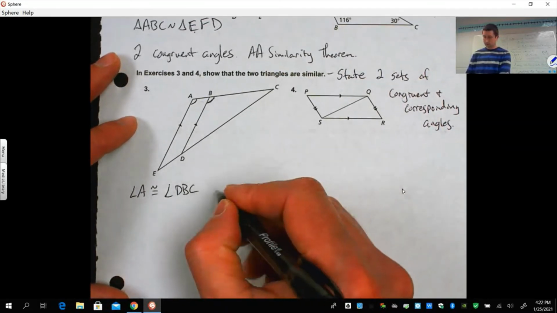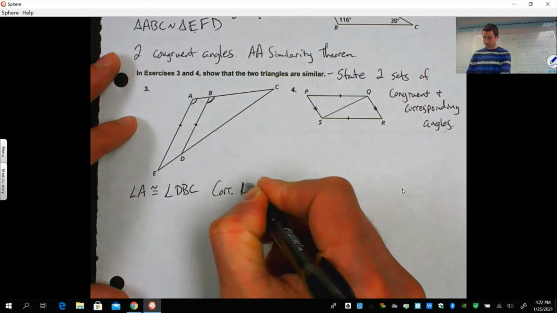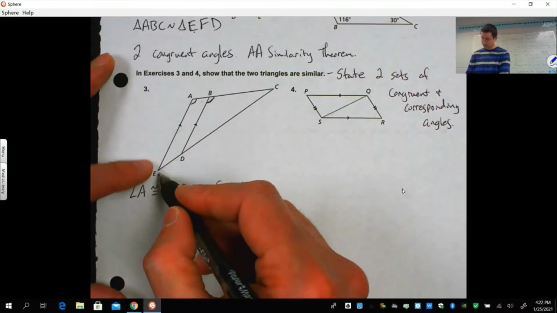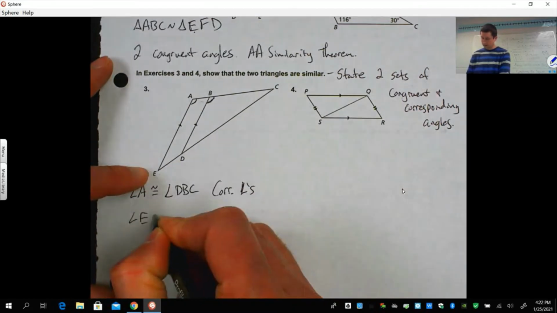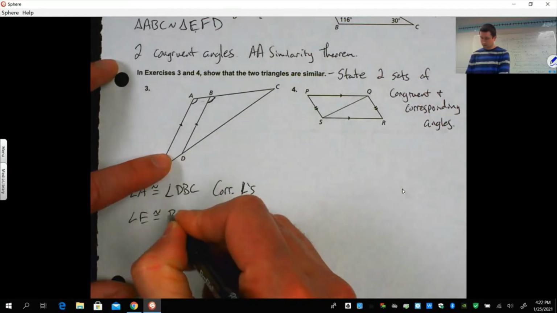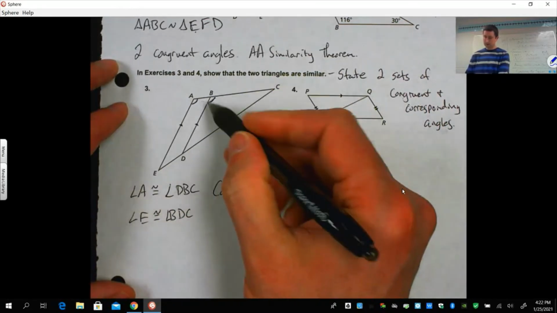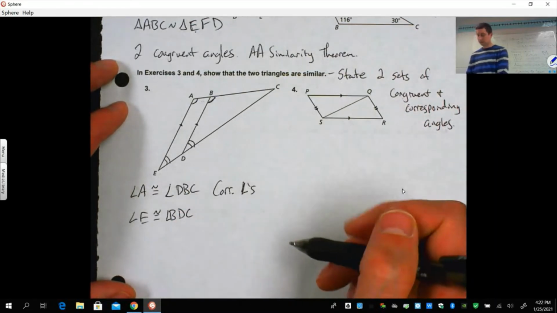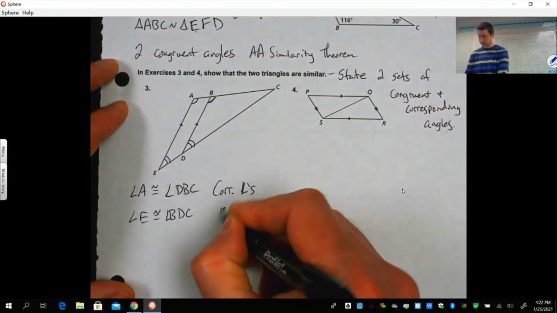Okay, because they're corresponding angles with the parallel lines. Down here, I can say angle E is congruent to BDC. Those have to be congruent. They both use angle C. That's corresponding angles again.